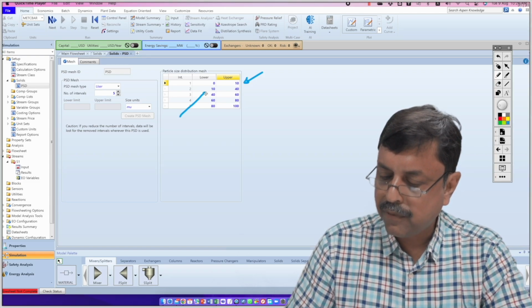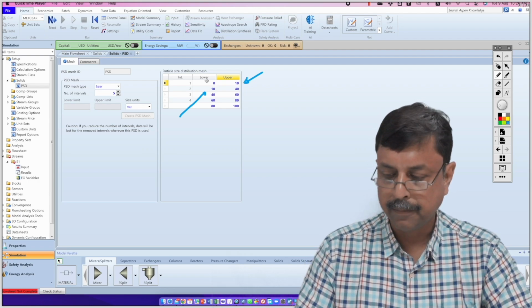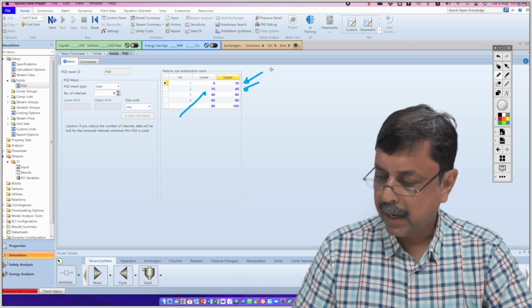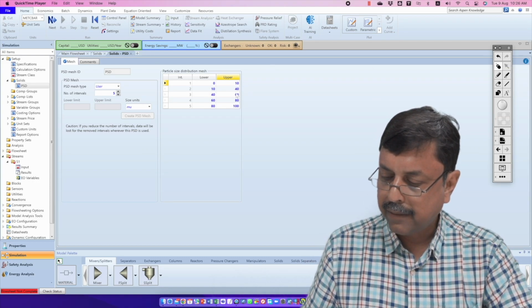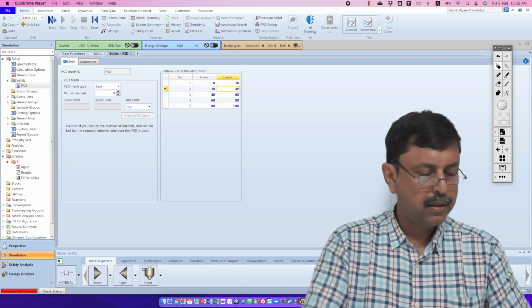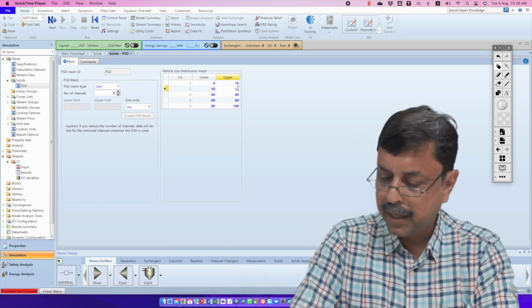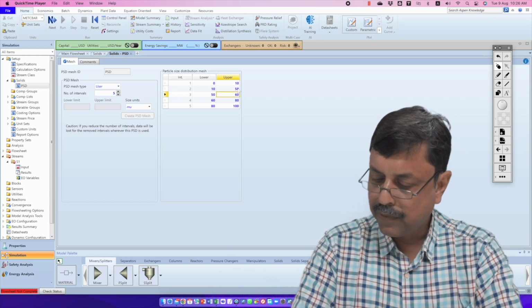So the lower limit for the next mesh size will be automatically fixed at 10, and it will wait for your next entry. So the next entry, you can say, is say 50. As soon as you put 50, the third entry, lower value, will change from 40 to 50.